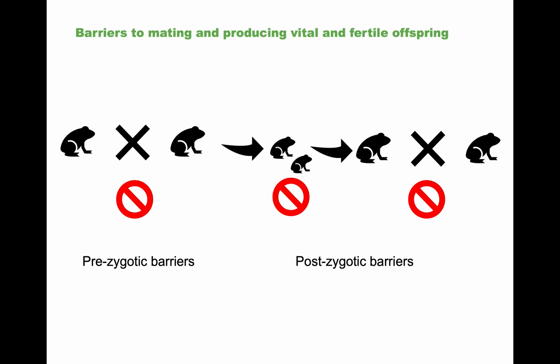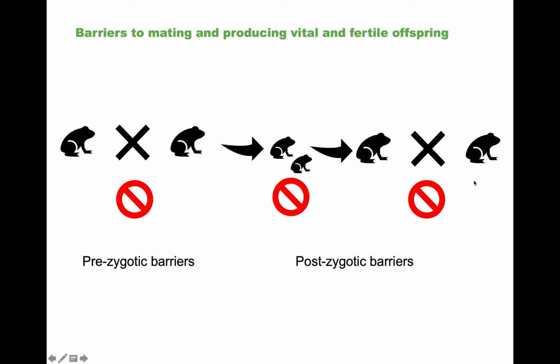Or you can have post-zygotic barriers, where for whatever reason, either the offspring does not survive, or the offspring survive but cannot produce their own viable offspring.